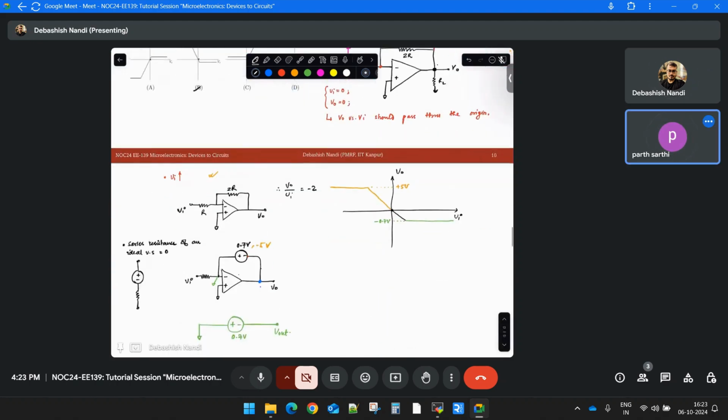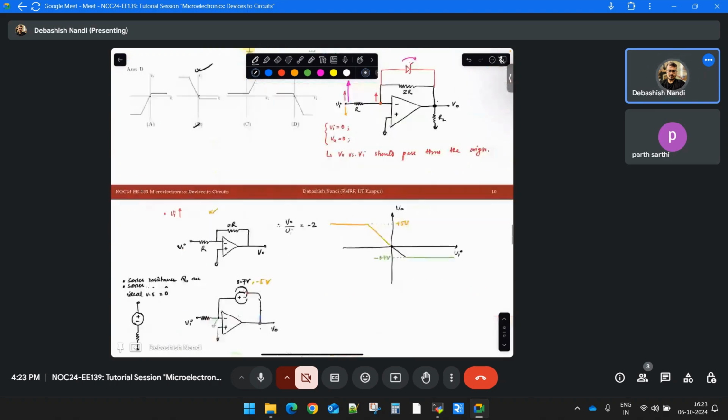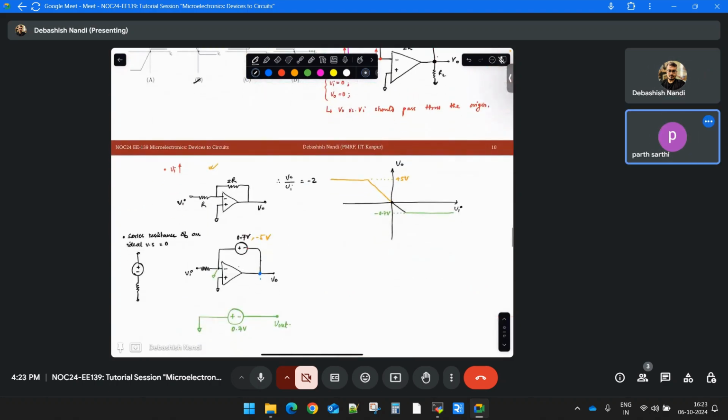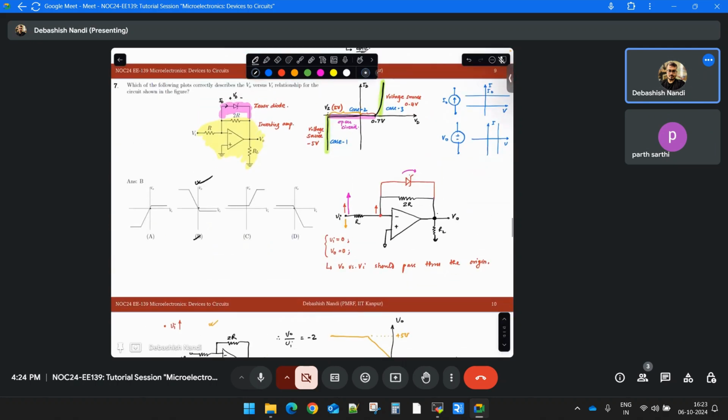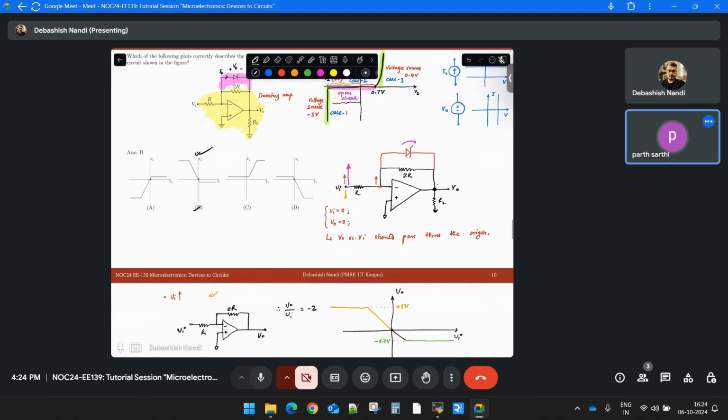So now tell me, have you understood this part or not? Yes, sir. So for the negative part, please explain what will happen below 0. When V in gets lesser than 0, this region will encounter the diode first. The diode will remain open circuit, and your entire circuit will become an inverting amplifier having a slope of minus 2.